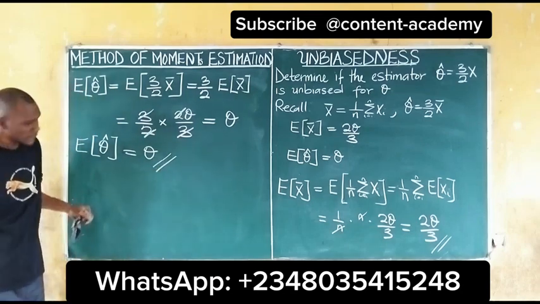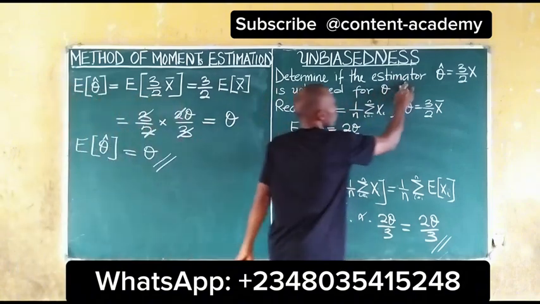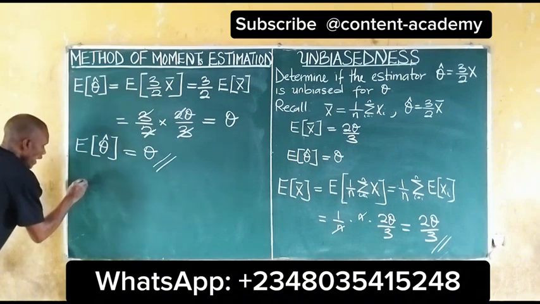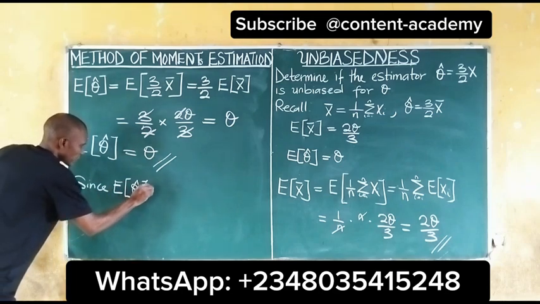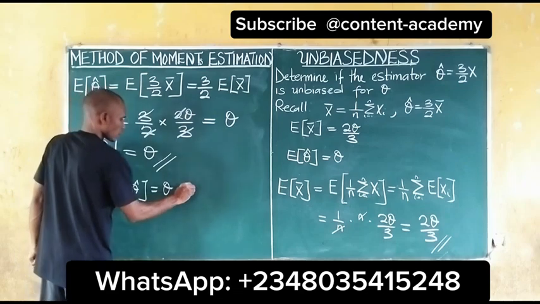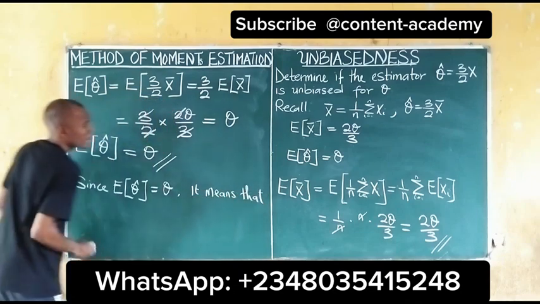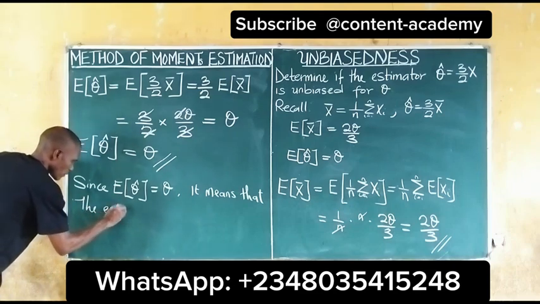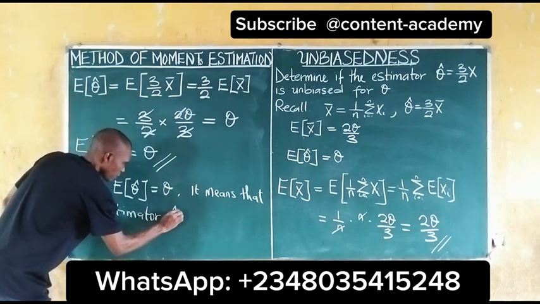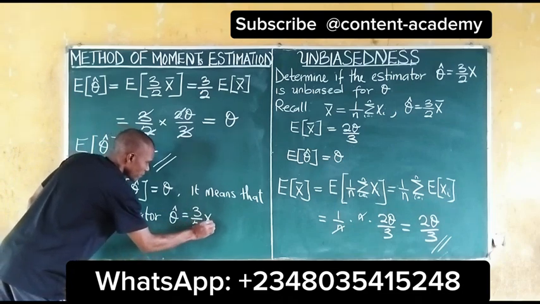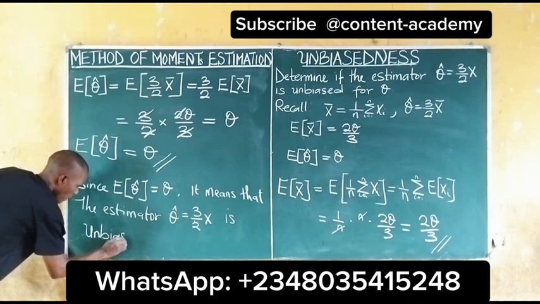So since our expected value of theta estimate is equal to theta, it means that the estimator of theta equal to 3 over 2 x bar is unbiased.